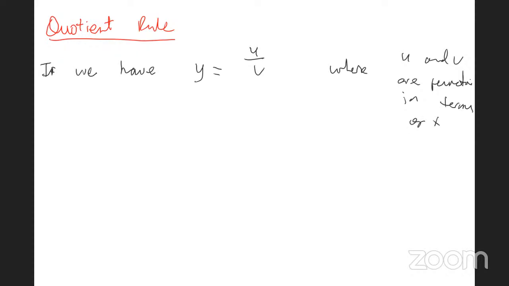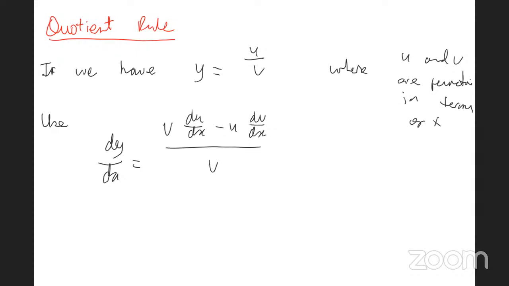Here's what we do. We're going to use dy dx is equal to, the formula a little bit different, is v by du dx minus u by dv dx all over v squared.